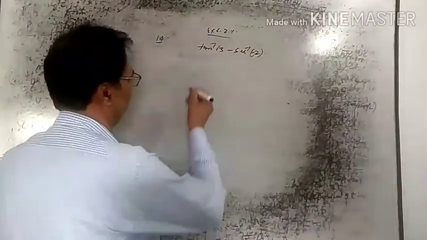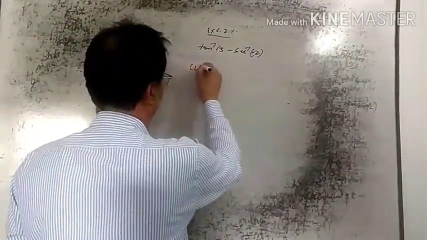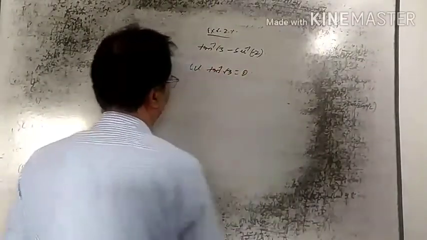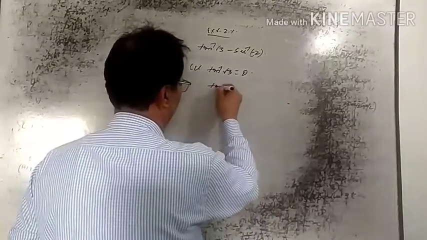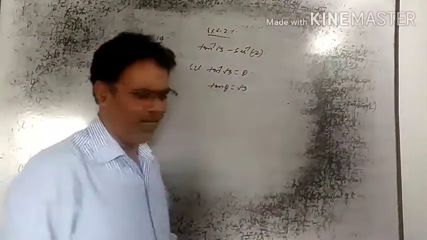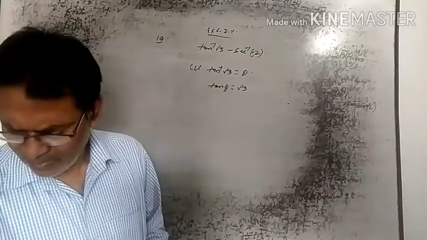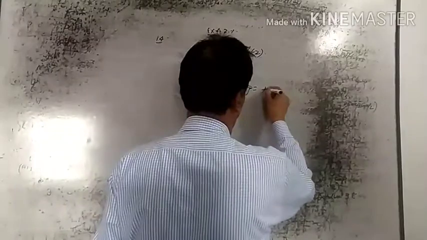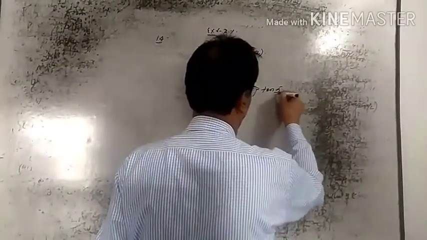For finding the principal value of tan inverse root 3, let tan inverse root 3 be equal to theta, therefore tan theta is equal to root 3, and the value of root 3 in tan is tan pi by 3.